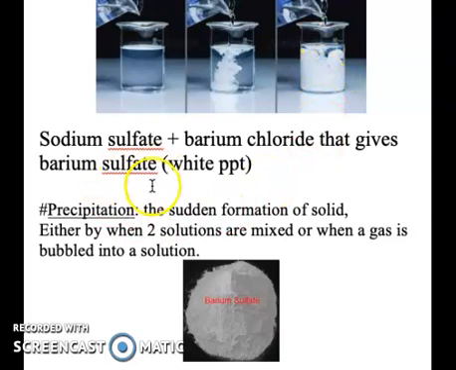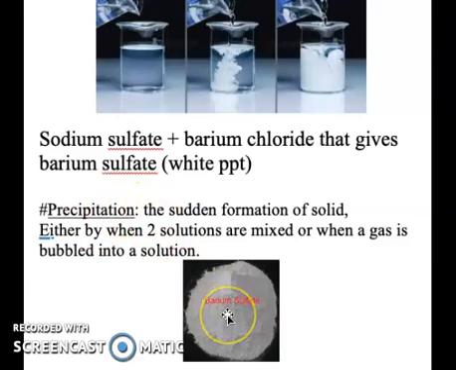That process in which two liquids are mixed together and there is the formation of a solid is called precipitation. The definition of precipitation: the sudden formation of a solid, either when two solutions are mixed or when a gas is bubbled into a solution, a solid substance which is not soluble, is called precipitation.